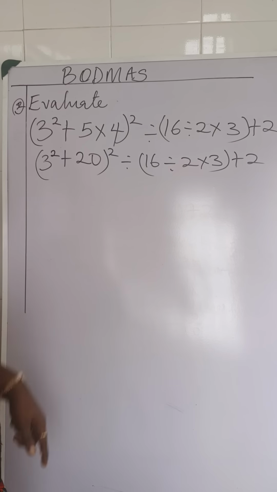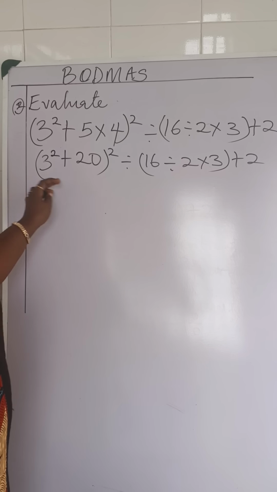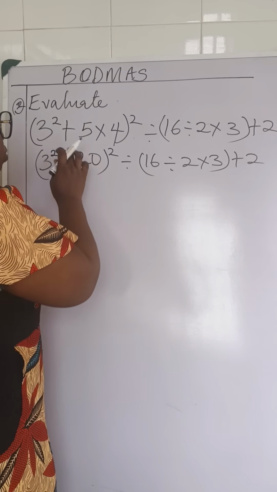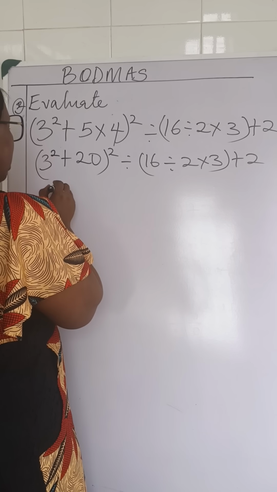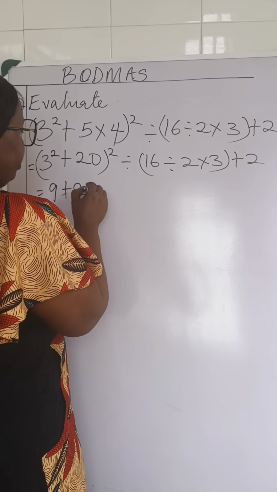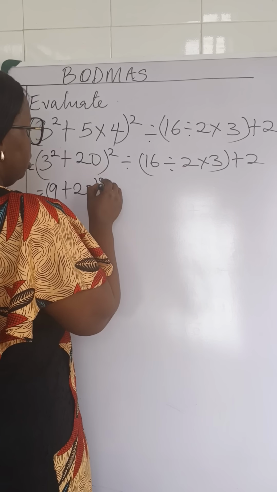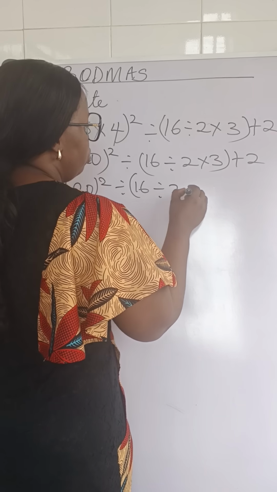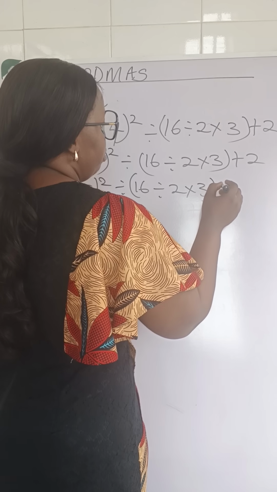That's what we're going to have in the next row. Now, what do we have here? 3 squared plus 20, where 3 squared is 3 times 3, which is 9. The next one is what? 9 plus 20, bracket, divide by 16 in the bracket, 2 times 3, plus 2.